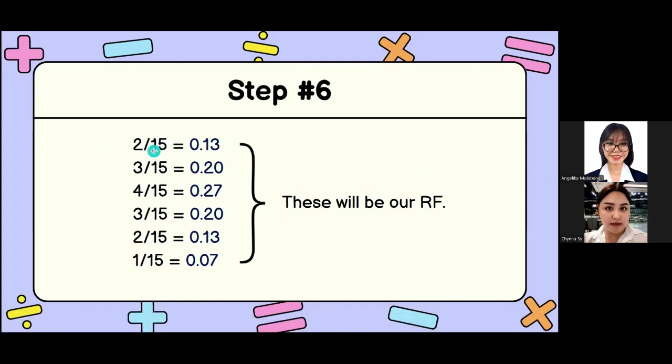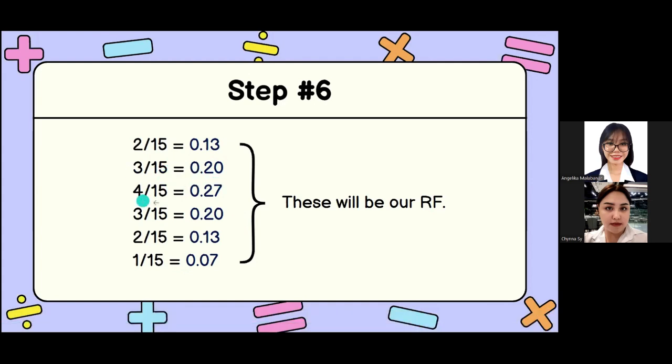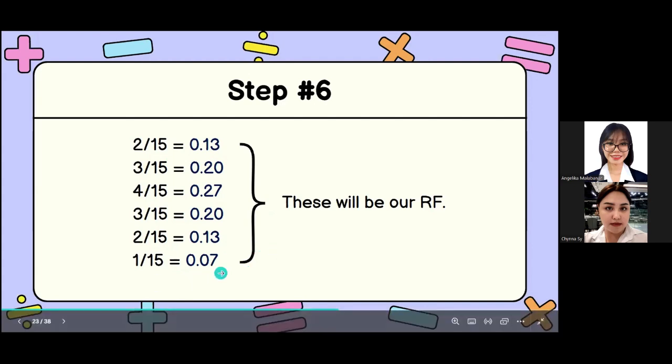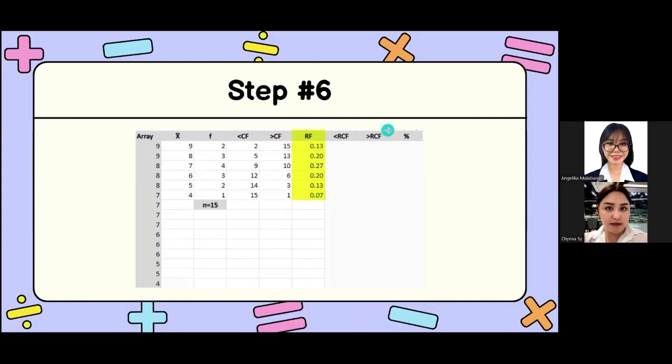So, 2 over 15 or 2 divided by 15 is 0.13 and so on. 3 over 15, 0.20. 4 over 15 is equals to 0.27. 3 divided by 15 is equals to 0.20. 2 divided by 15 is equals to 0.13 and then 1 divided by 15 is equals to 0.07. Yung nakuha nating values doon, yun yung magiging RF. So, ganito siya pag nilagay niyo na sa table.